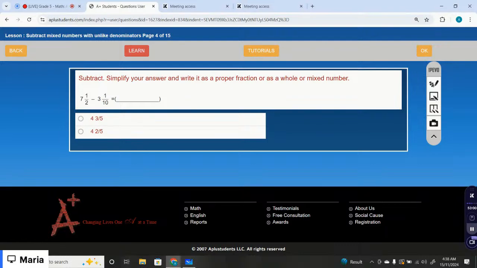Seven whole 1 over 2 take away 3 whole 1 over 10.